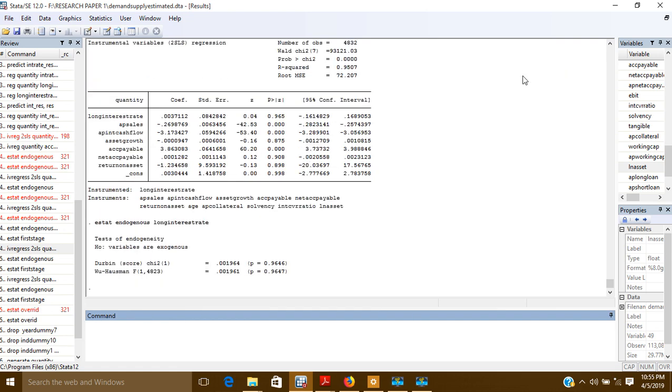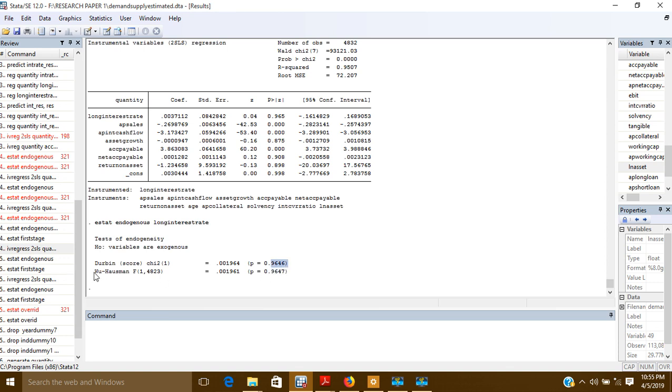Okay, and now you can see that it is a test for endogeneity, and the null hypothesis is that variables are exogenous. So the Durbin chi-square tells us that the p-value is 0.9646. It means that it is not significant.